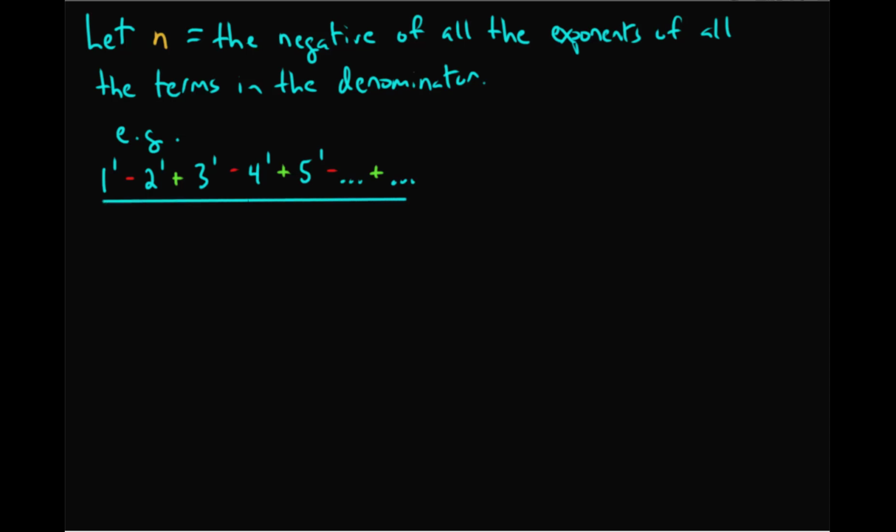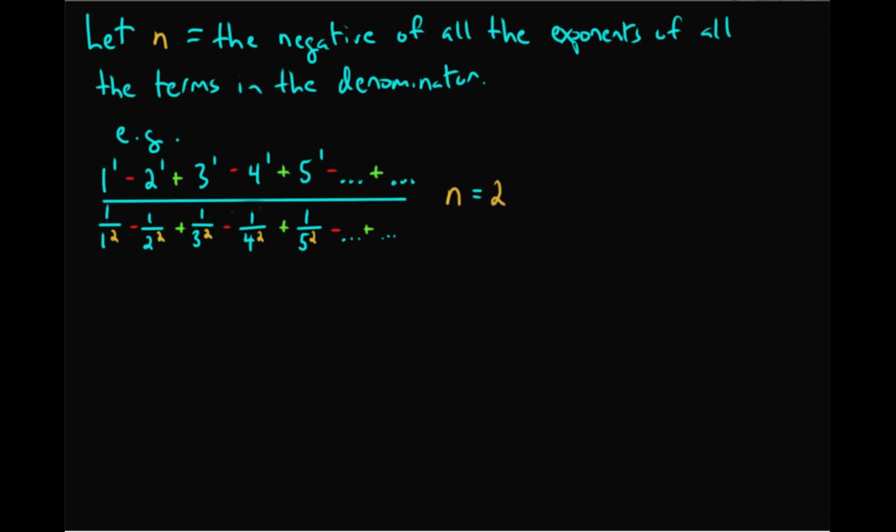Well, the series in all of our denominators here are just the eta function. For example, our first denominator is eta of 2, and eta of 2 gives us 1 over 1 squared minus 1 over 2 squared plus 1 over 3 squared and so on, which is the same as saying 1 to the negative 2 minus 2 to the negative 2 plus 3 to the negative 2 and so on.